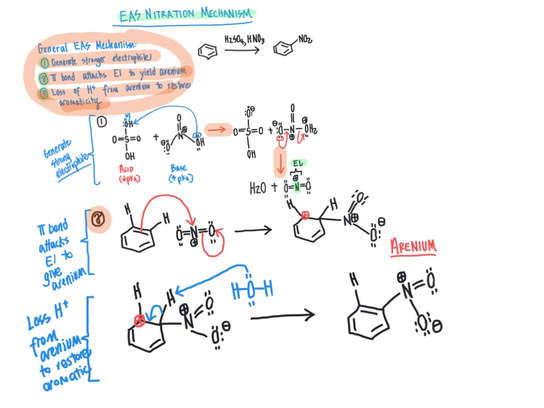And we're going to see this pattern over and over and over again as we do these EAS type reactions, where we will be plugging in as our variable a bunch of different types of electrophiles. And so really the main thing that's going to change between mechanisms that we'll look at will be the first step or the first part of the reaction mechanism that generates a strong electrophile. And then from there, we'll recognize what the electrophile is and go through steps 2 and 3, just following this pattern that we see here.